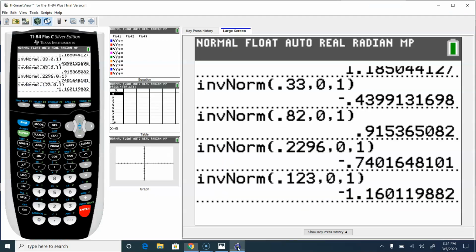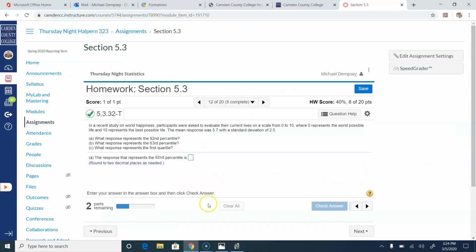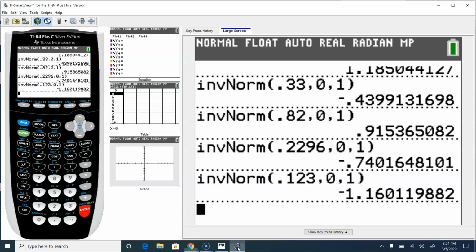Okay, and now what we have to be aware of here is that our mean and standard deviation have changed. They're 5.7 and 2.5 respectively, so this is going to be a little bit different. So I still want inverse norm again. The first one was 92nd percentile.